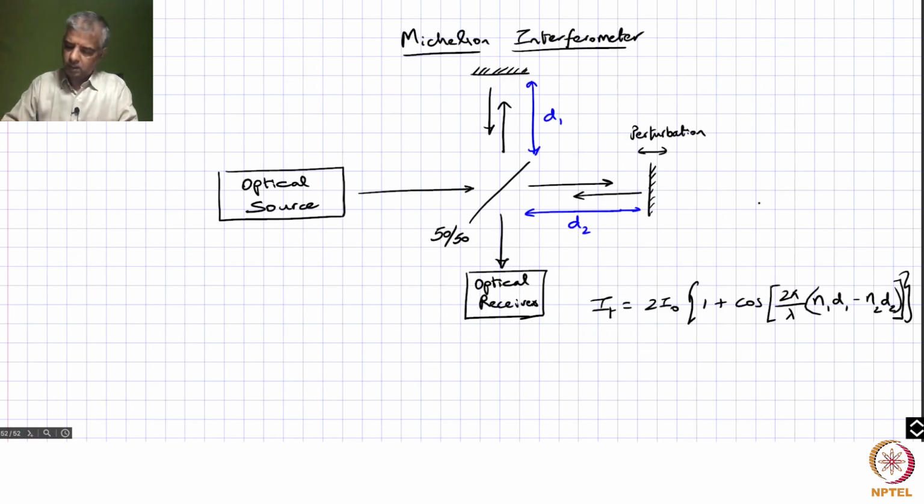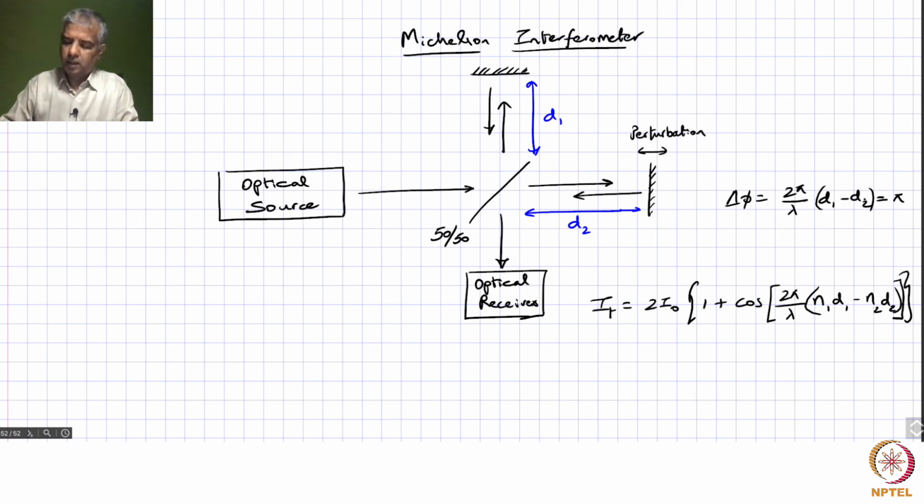So we are talking about delta phi equal to 2 pi over lambda times n1. Well, we said we will consider this as air, so n1 equal to n2 equal to n. So let's just drop that. So d1 minus d2 equals pi.